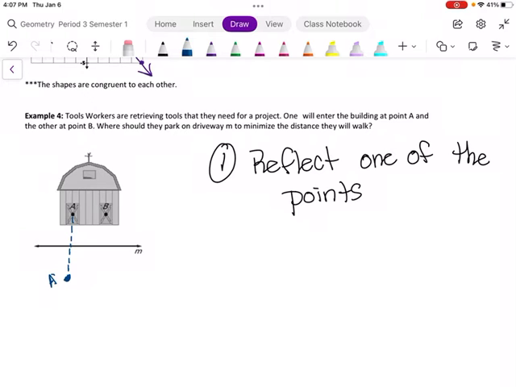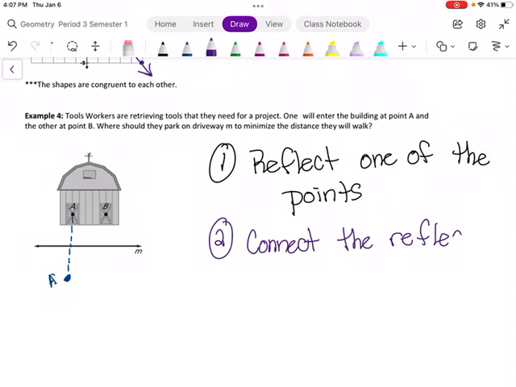So once you've reflected that point, you are going to connect the reflected point with the non-reflected point.